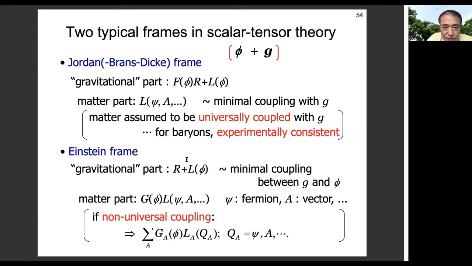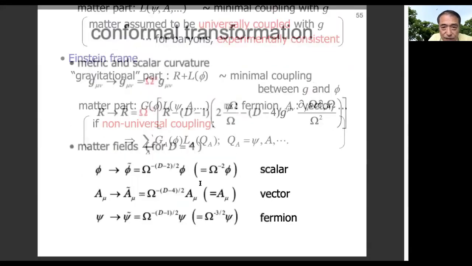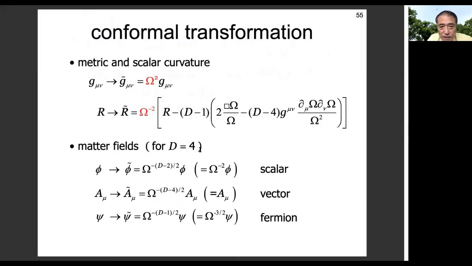Anyway, these two are the most typical examples of different frames, and if you do this transformation, then everything transforms like this.